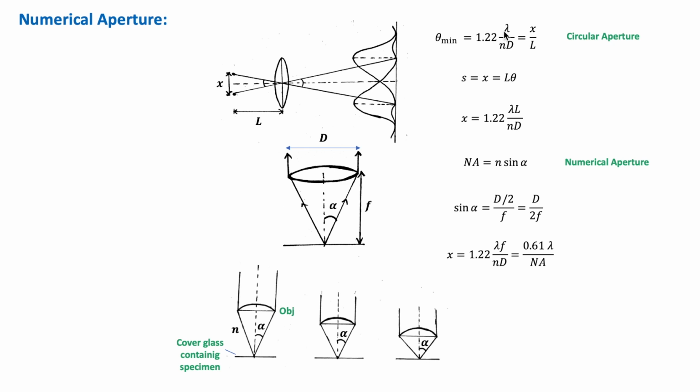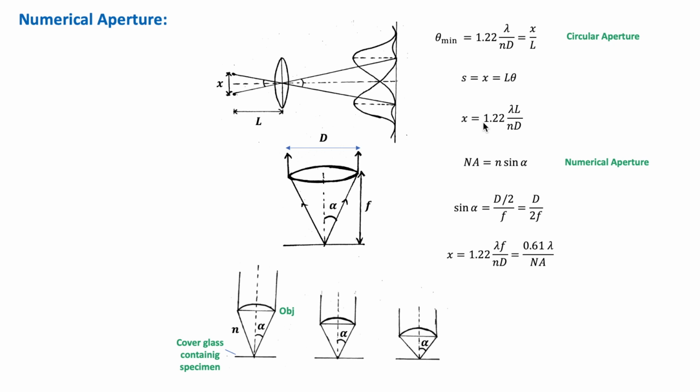For a small angle, the arc length S is approximately equal to the distance between the objects x, and we have x equal to L theta. And so the resolving power is given by this equation. The smaller x is, the higher the resolution, which means finer details can be seen.